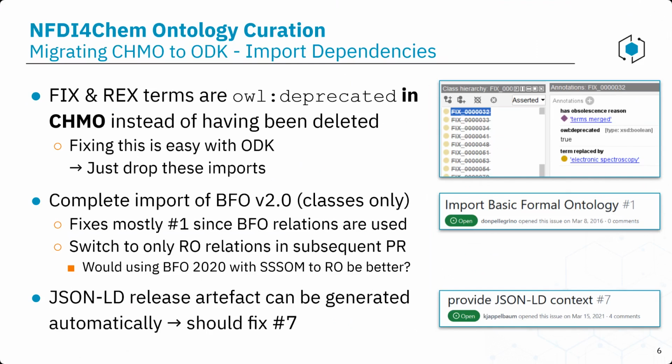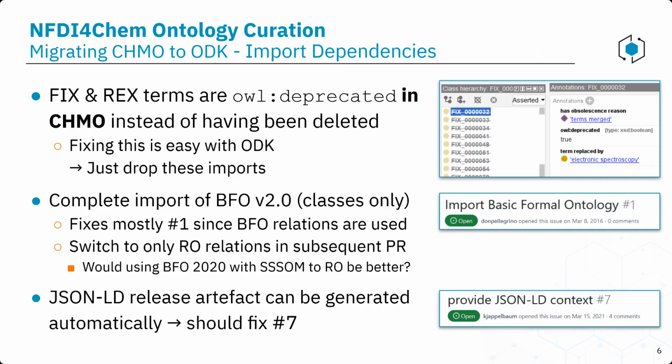And then when it comes to reusing the same upper-level ontology as many other OBO Foundry ontologies, we can import the full BFO 2.0 classes-only version, which would resolve issue number 1.